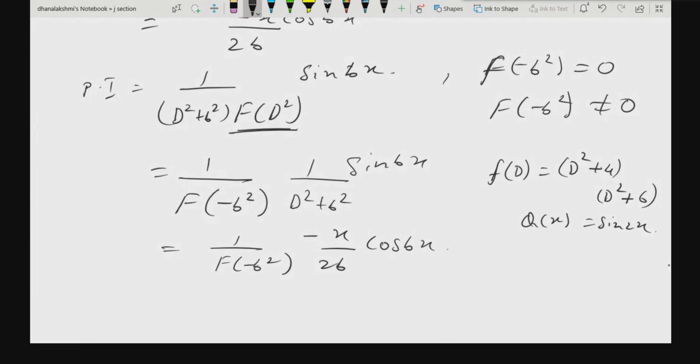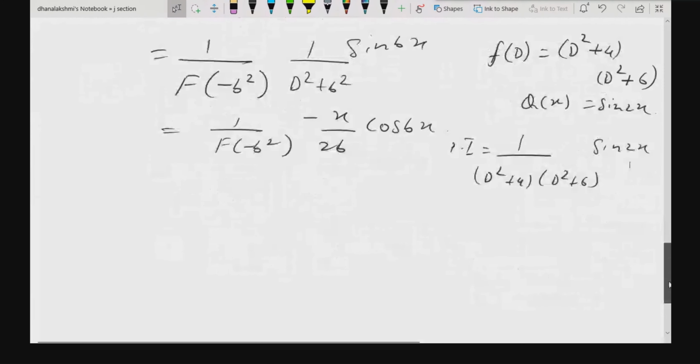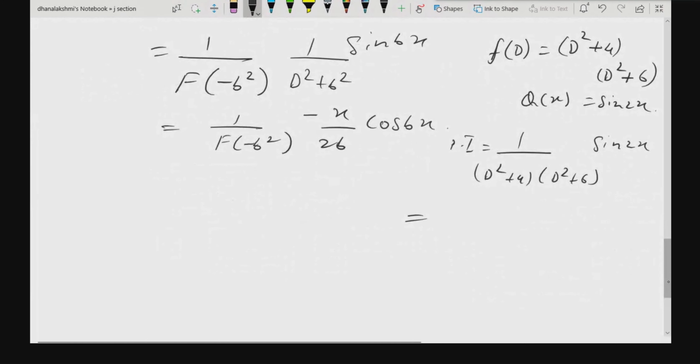So the particular integral for this one will be 1 by d square plus 4 into d square plus 6 applied on sine 2x. So first logic: you replace d square with minus b square. When you do it, the first term d square, when you replace with minus 4, will become 0. So you cannot apply directly for this one.